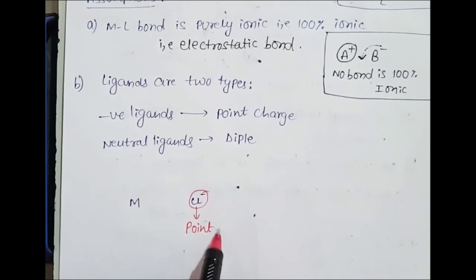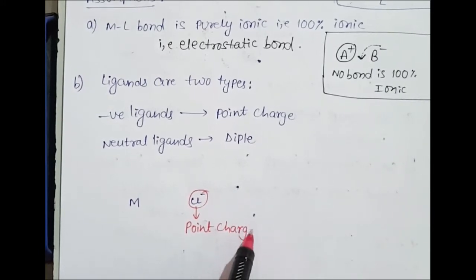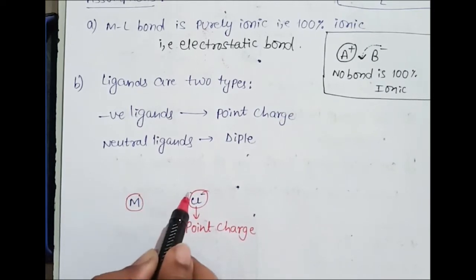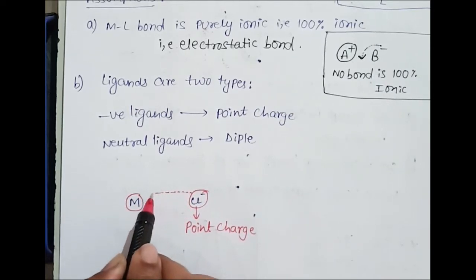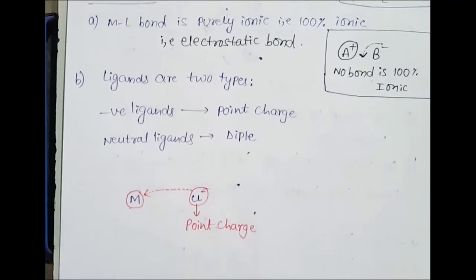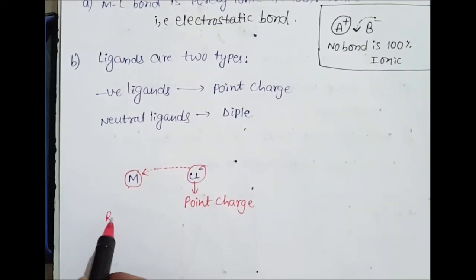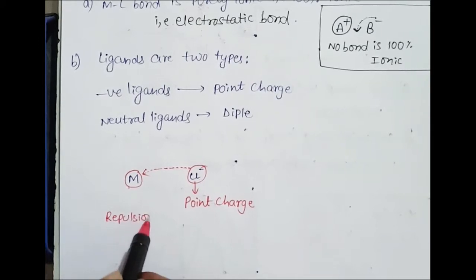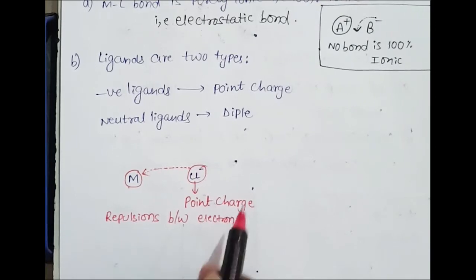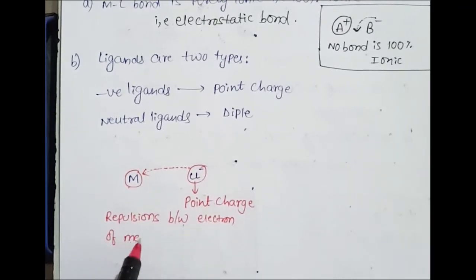As this Cl minus is approaching towards the metal, there exist repulsions between the electrons of the metal and the electrons of the ligand. That is what they said.